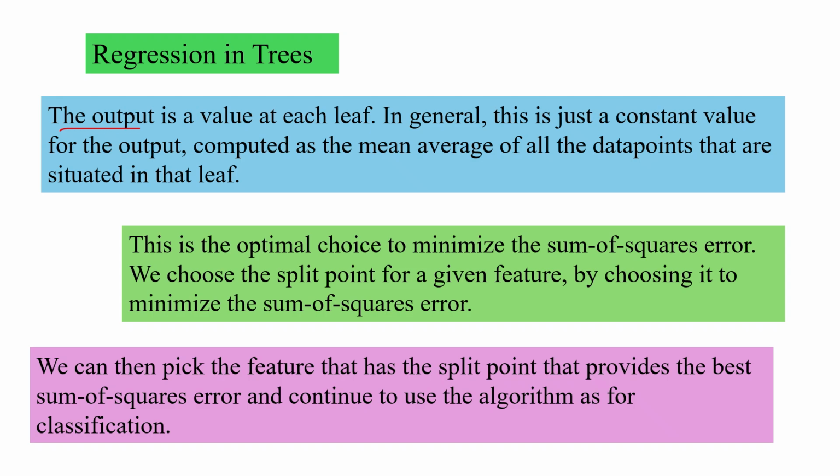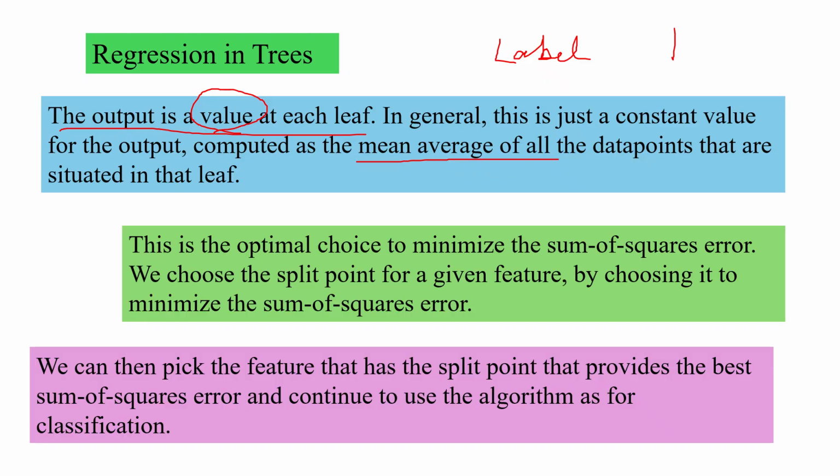Now the output is a value at each leaf. See, in classification we remember it is a label, but in regression it is a value, and this value is the mean average of all data points.